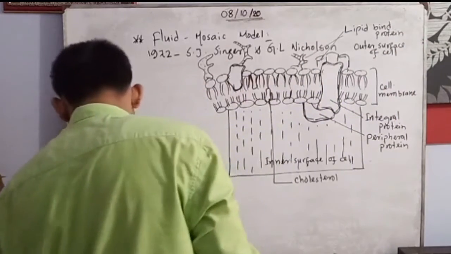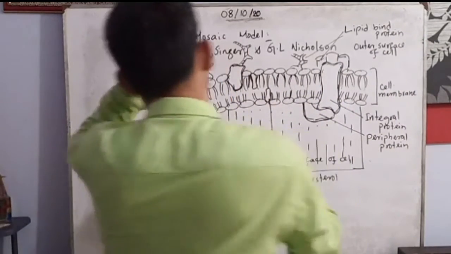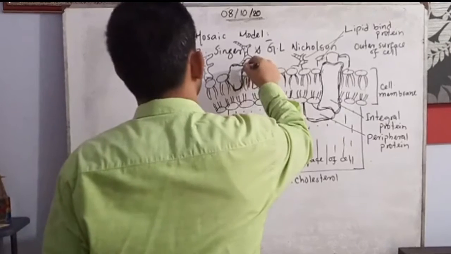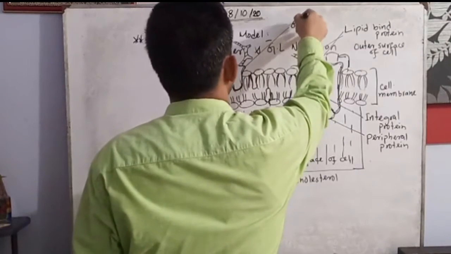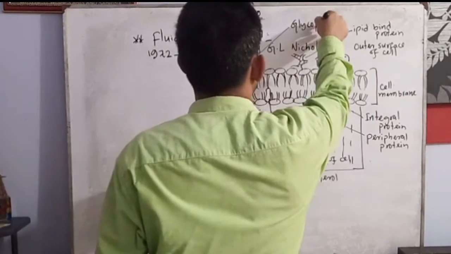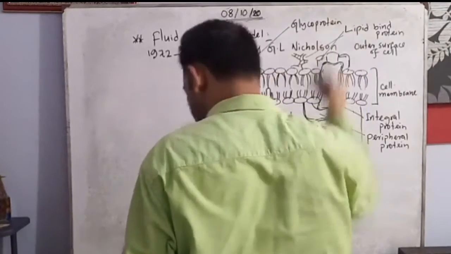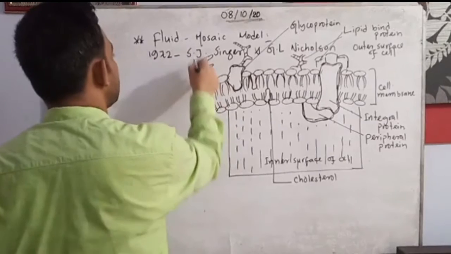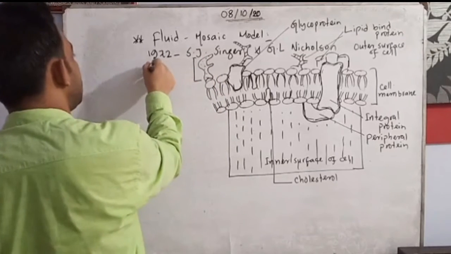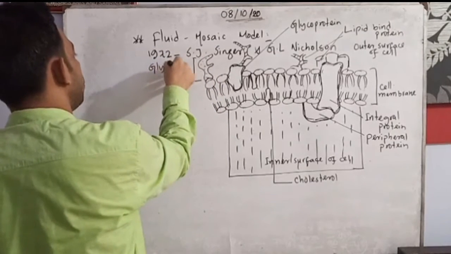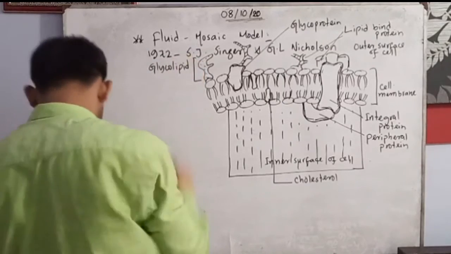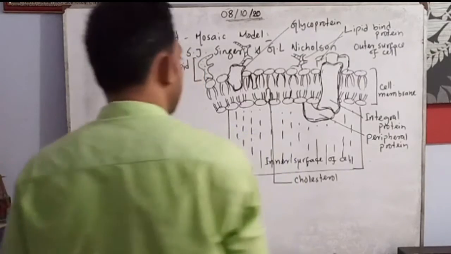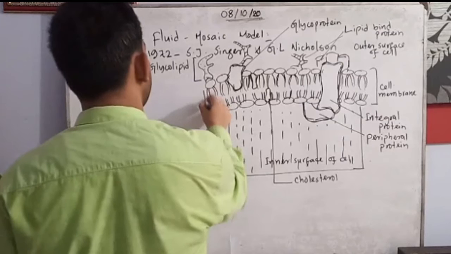Yes, then this is the glycoprotein. This one glycoprotein. This one is the glycolipid. And this one is known as the phospholipid bilayer.